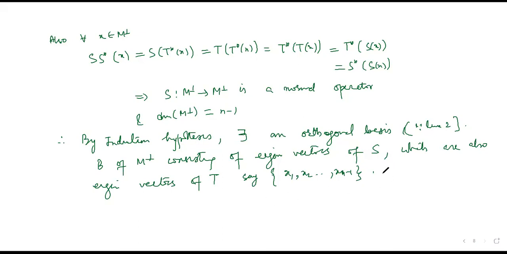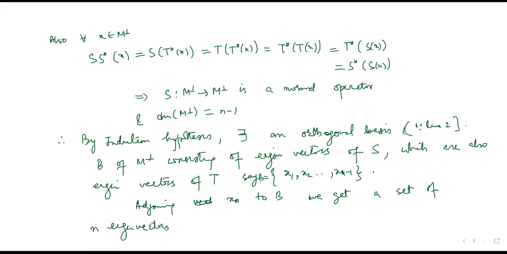Now if I adjoin the vector x0 to B, we get a set of n eigenvectors of T, which would be x0, x1 up to x(n minus 1), that are orthogonal.